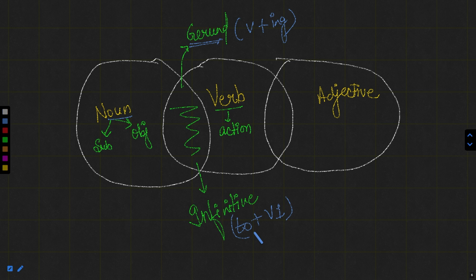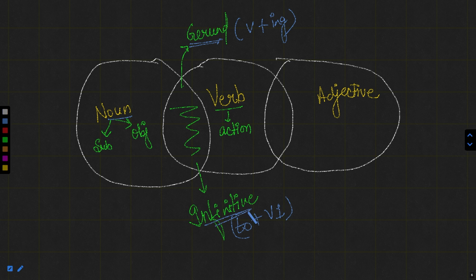Rather, it is behaving like a noun. It means it is either creating a subject or the object of the sentence. So that is known as infinitive. Now these two things, gerund and infinitive, are non-finite verbs.